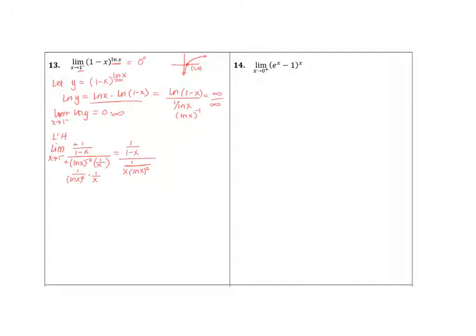Okay, and so here we're going to do our keep change flip. So we have 1 over 1 minus x times, and we're going to flip this over and have x times natural log of x all squared over 1. And let's see, what is that going to generate for us? We're going to have x times natural log of x all squared over 1 minus x.